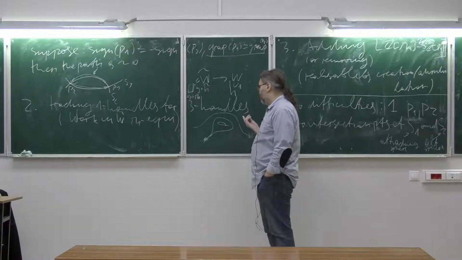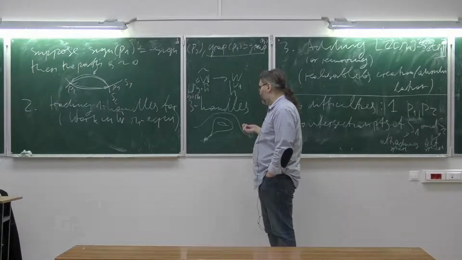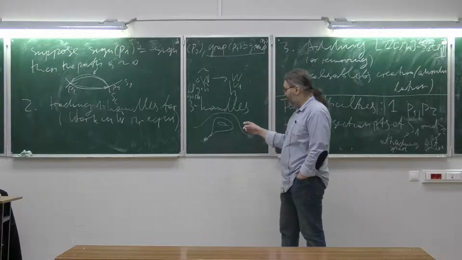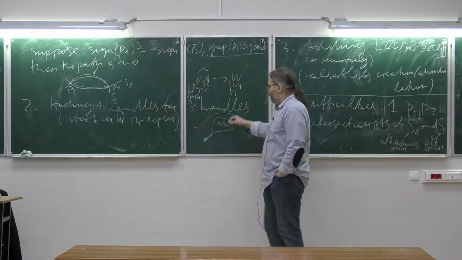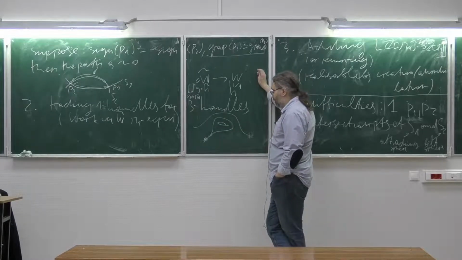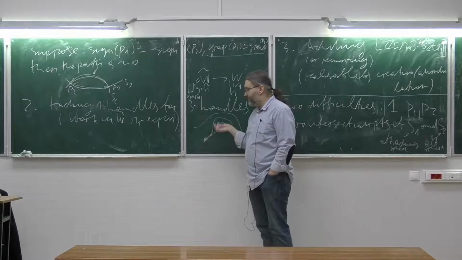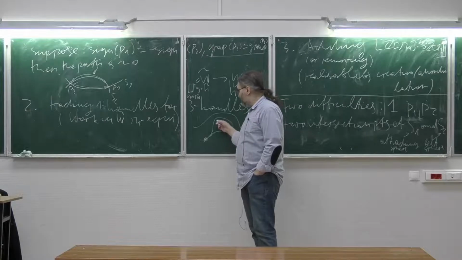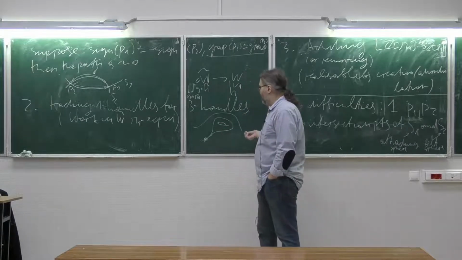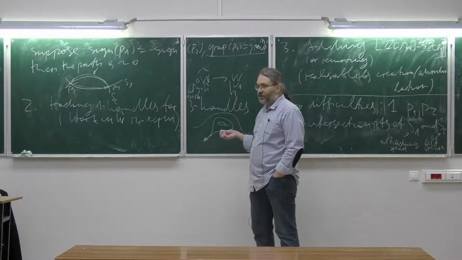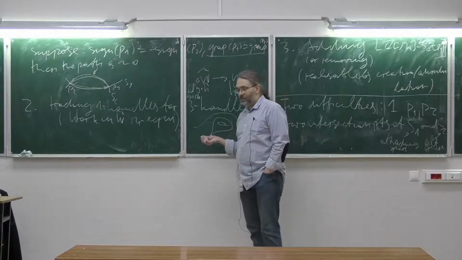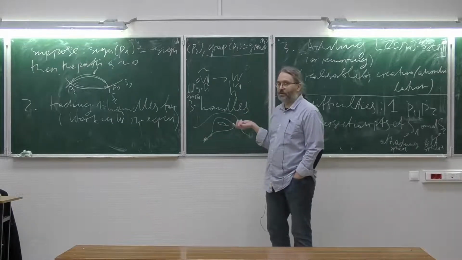But another way to argue would be to say that the image of this loop is obviously a loop, and it's contractible upstairs, so it must be contractible downstairs, and this means that it bounds a disk. Why? Because the dimension is high enough.